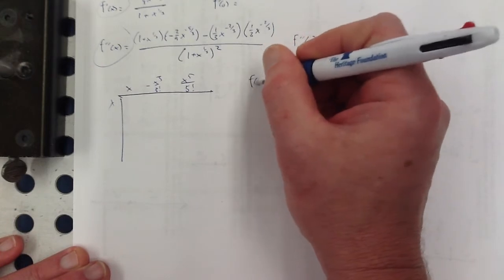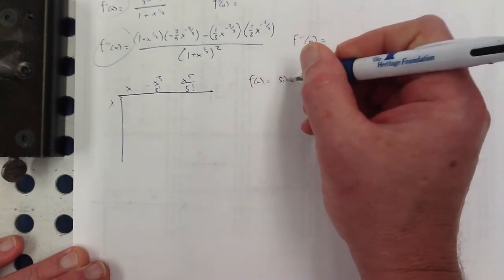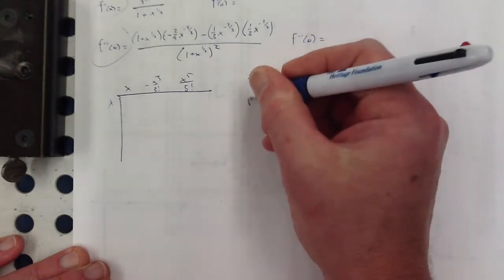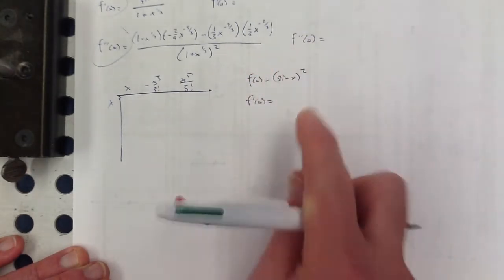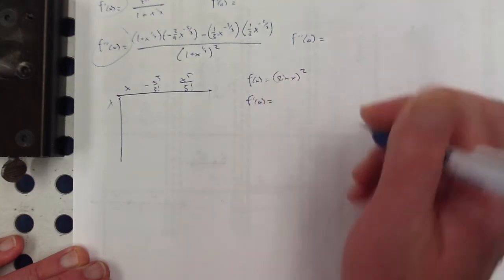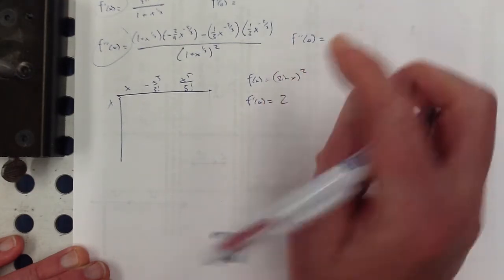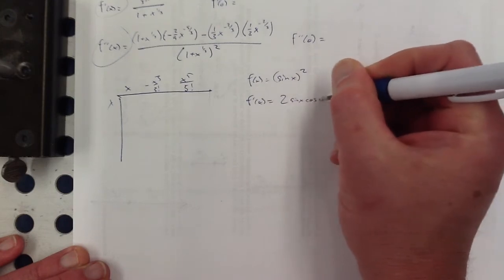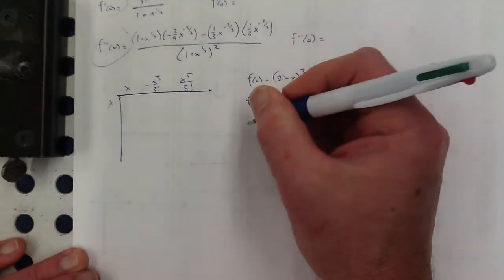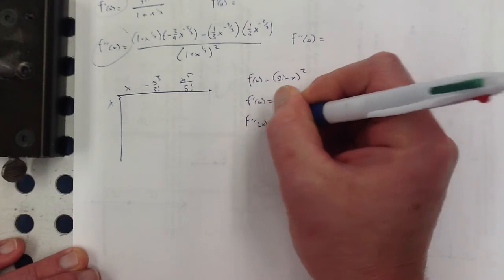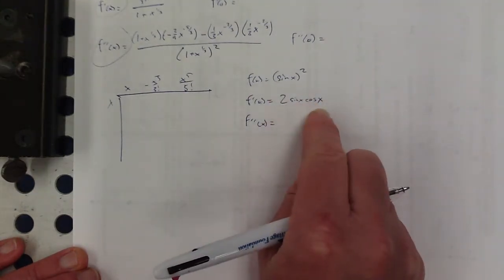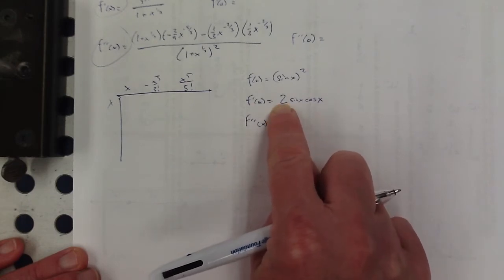So let's see, if my f of x is sine squared x, that's better calculus notation for us. Then the first derivative is 2 times sine x cosine x: the derivative of something squared is 2 times that something times the derivative of what's inside. And then the second derivative, there's two ways you could go here. You may recognize that this is the sine double angle.